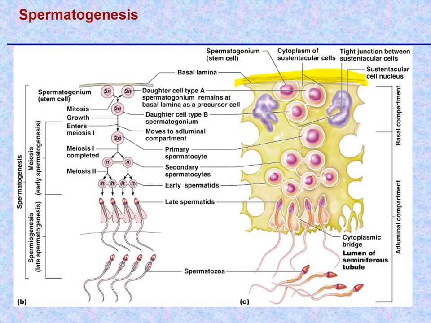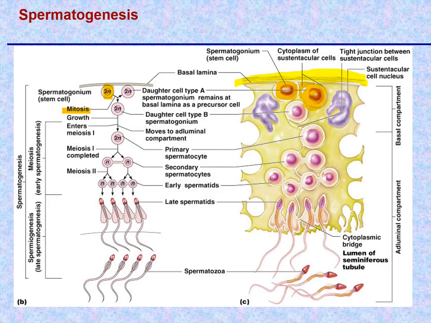You have the spermatogonium cell, which is the stem cell, and it undergoes mitosis. So there's the spermatogonium cell with a diploid chromosome count. It divides by mitosis into two daughter cells. One daughter cell, the type A spermatogonium, will replace the cell that divided.